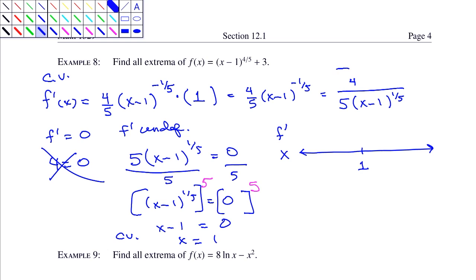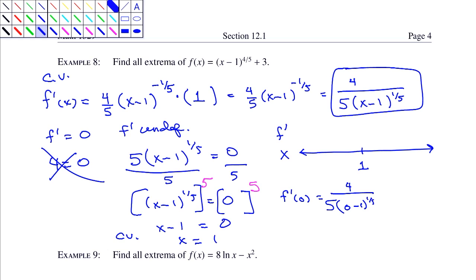I'm going to use this version of the derivative. So f prime of 0 is 4 over 5 times 0 minus 1 to the 1/5.